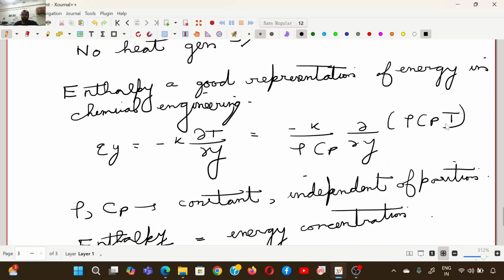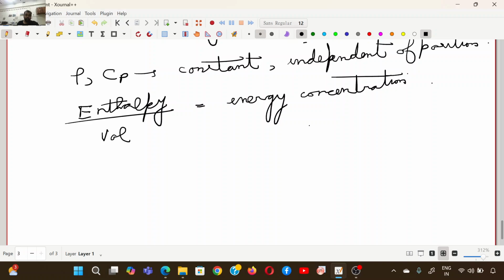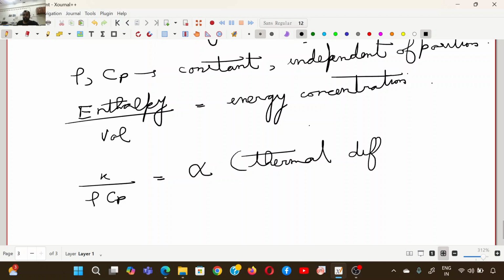So over here, in Fourier's constitutive relation, we saw Qy is equal to minus k by rho Cp into dou by dou y of rho Cp T. This k by rho Cp term is what is known as thermal diffusivity, and I'll represent it by alpha. Like we have mass diffusivity and momentum diffusivity, the analog in heat transfer is thermal diffusivity.